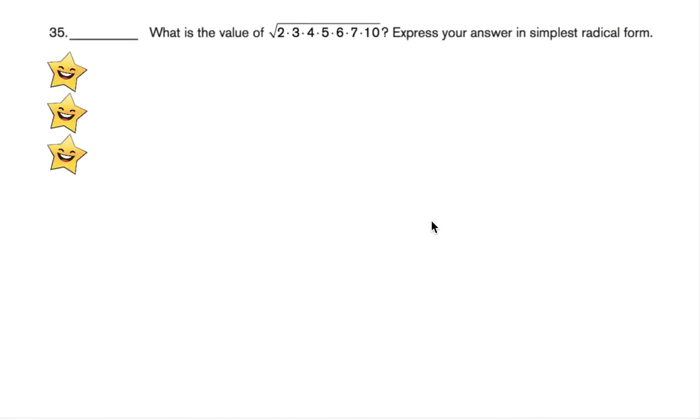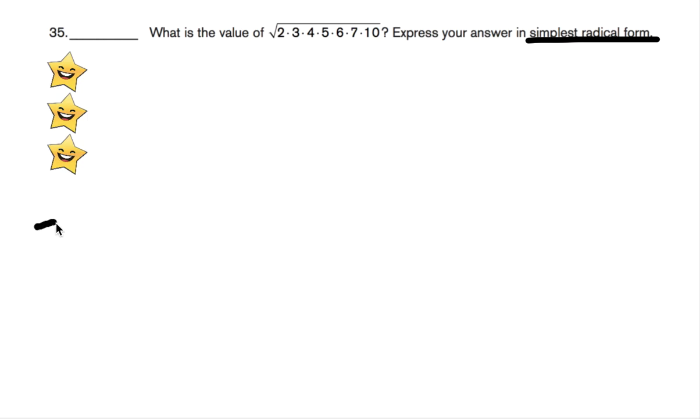Number 35. What is the value of the square root of 2 times 3 times 4 times 5 times 6 times 7 times 10? Express your answer in simplest radical form. So simplest radical form means if there's any perfect squares in here, we're going to pull them out and put them outside the square root symbol.